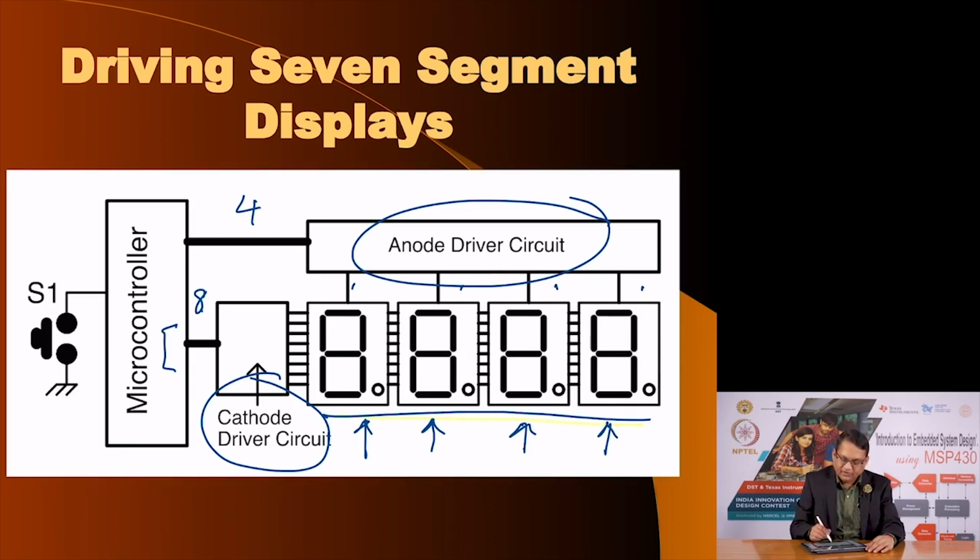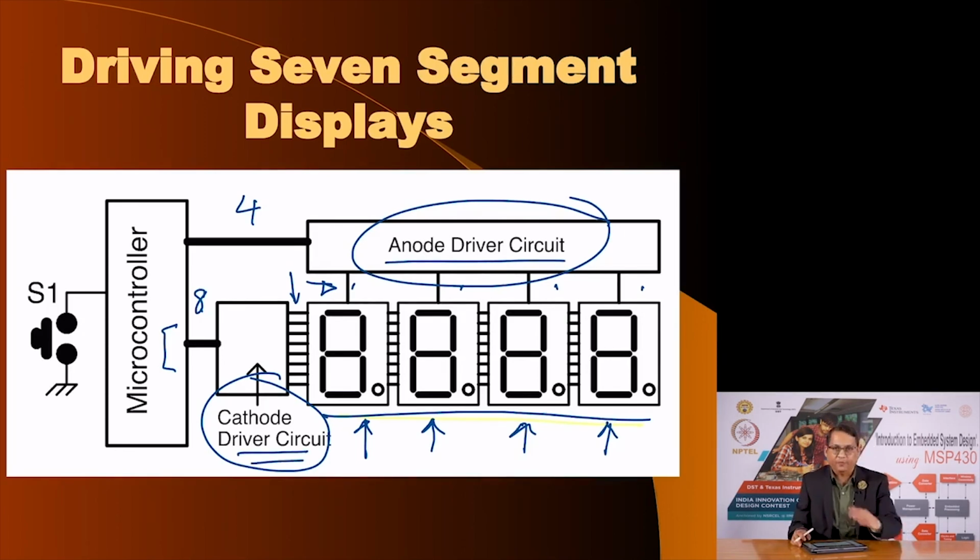Now, if the way this LED 7 segment display is on, can you guess what sort of 7 segment display is being used here? This one is a common anode 7 segment display, which means to enable a display to display a value, this voltage must be close to VCC and the individual segments here must be at a lower potential, and therefore we need an anode driver circuit which is nothing but a high side switch, and the cathode driver circuit will be a low side switch.